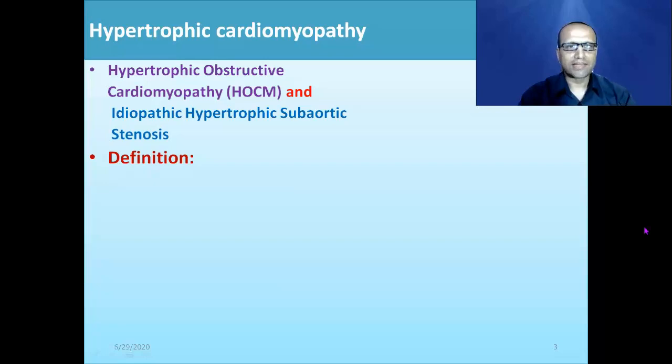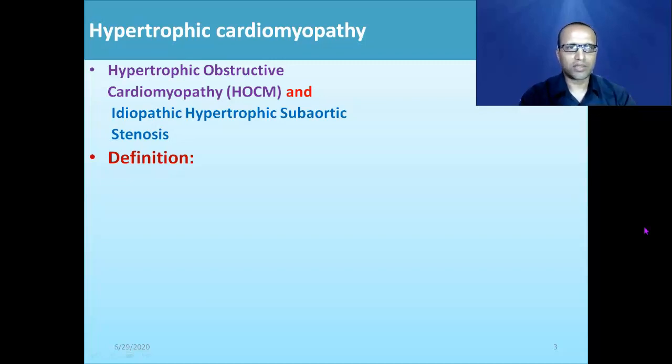In the olden days, hypertrophic cardiomyopathy used to be known by other names: hypertrophic obstructive cardiomyopathy and idiopathic hypertrophic subaortic stenosis. But nowadays, these two terms are not used anymore. Not all the patients with hypertrophic cardiomyopathy have obstruction.